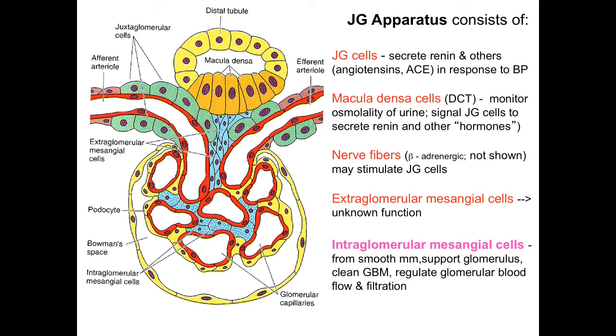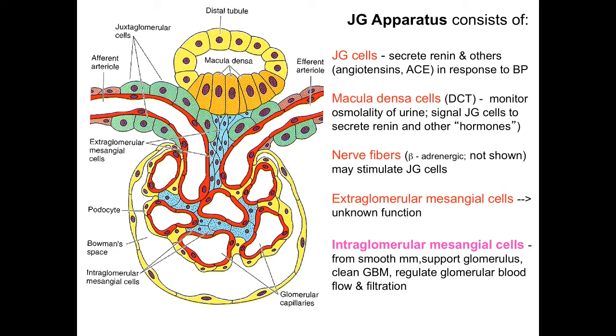There are the extraglomerular mesangial cells. Function of these cells not really known. They may play some supporting role here. And then the intraglomerular mesangial cells shown here. These are from smooth muscle. They're modified smooth muscle cells. They support the glomerulus. They clean the glomerular basement membrane, and they regulate glomerular blood flow and filtration.